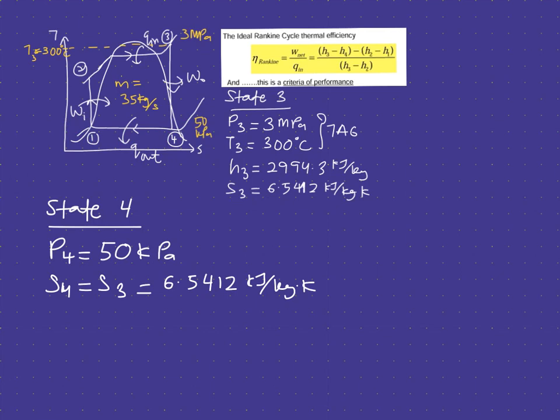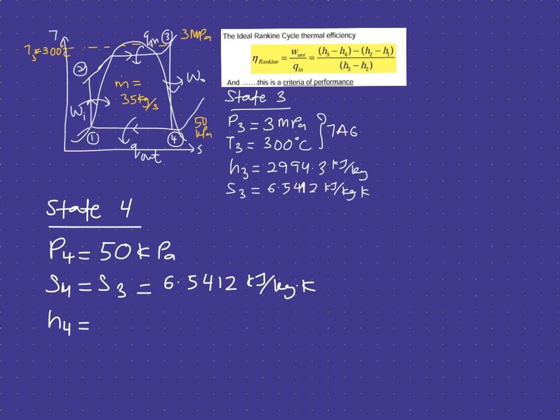So the objective is to find your H4. Now at this stage, we are assuming that state 4 is in the phase of mixture, right? However, we still need to check with your property table whether state 4 is in a mixture.